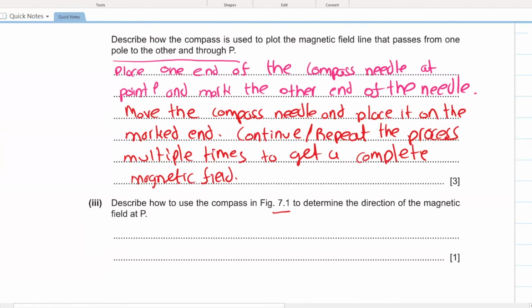You will place the compass at point P, and the direction in which north points is the direction of the magnetic field.